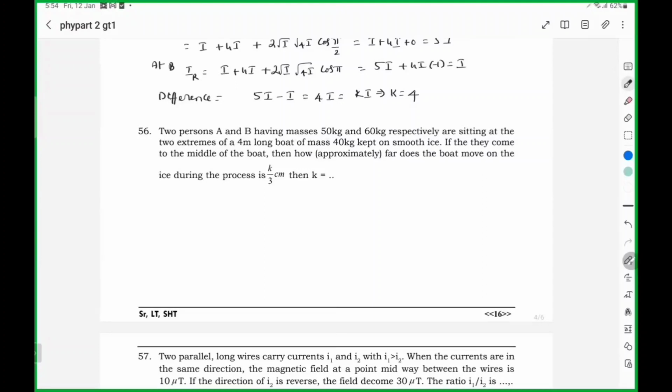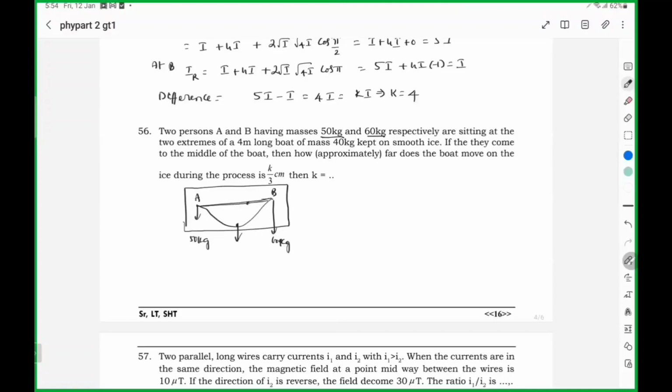Here, two persons having masses 50 kg and 60 kg. So here it's a long board. Person A is sitting at one end, person B is sitting at the other end. So this entire thing is one system. Here mass of A is 50 kg, mass of B will be 60 kg.